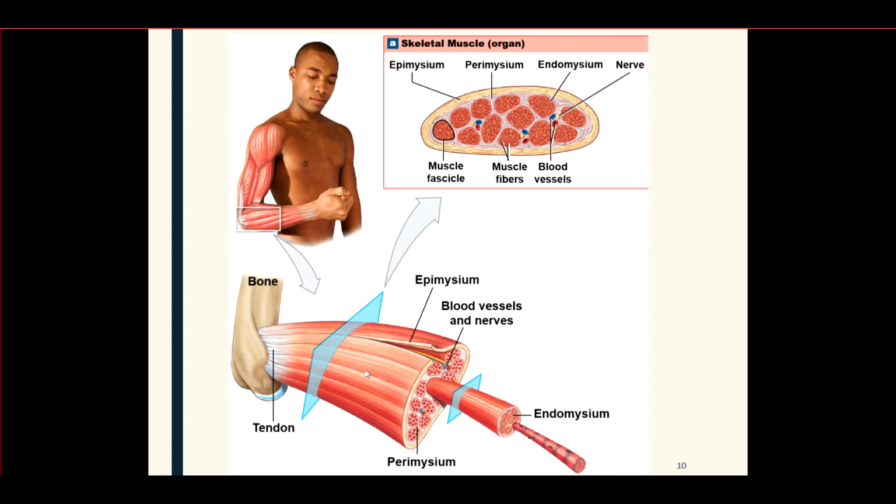The epimysium. Let's take a look. So here's a picture where they took this gentleman's forearm muscles and we enlarged it like this, and now they sliced it. This blue plane of glass here shows that we're slicing the muscle in half, and now we're looking at it here. So ignore all this in the middle. I'm going to explain this on the next couple slides.